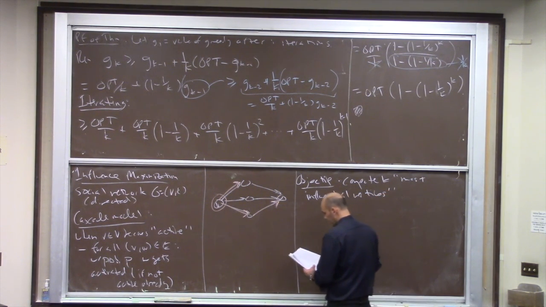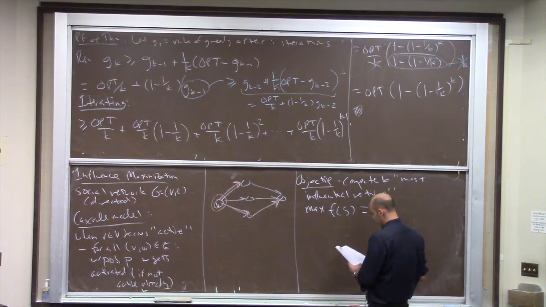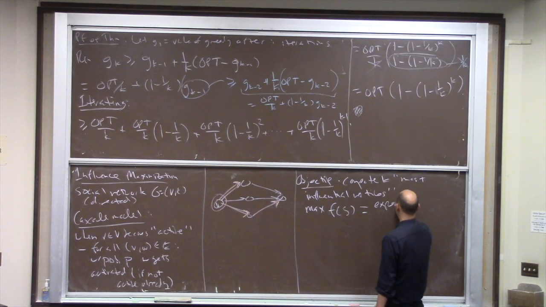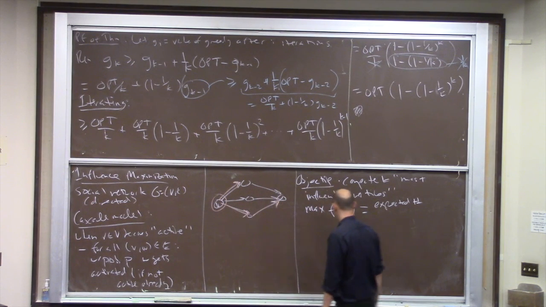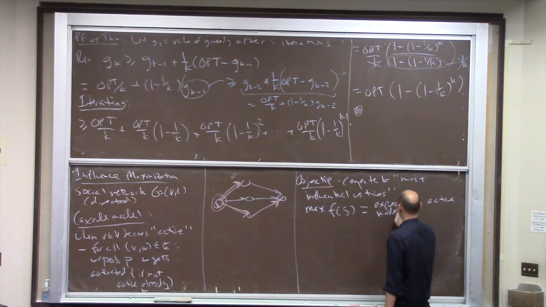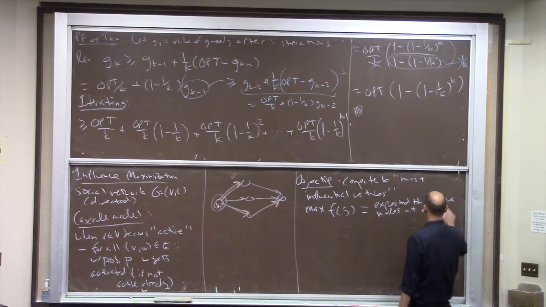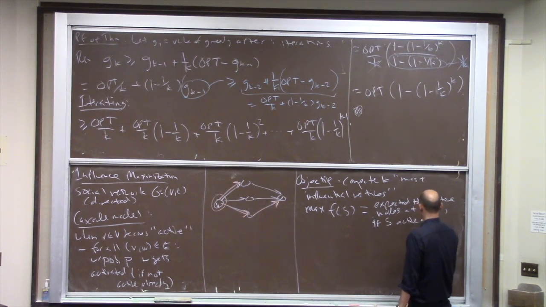That is, you want to maximize over all subsets S of size k, f of S, defined as the expected number of active nodes at the end of the cascade if all of the nodes of S are active at the beginning. Remember it's a random process, you flip a coin for each edge, so that's why there's an expectation.